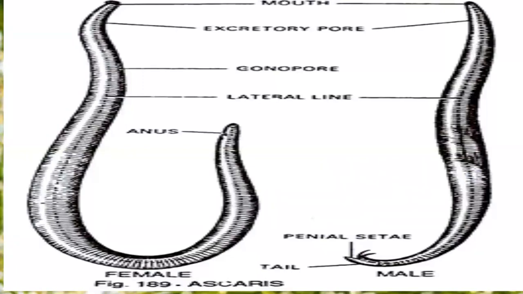So they are found in the small intestine to absorb the food which is now digested and can pass through the membrane, so they can absorb that food easily from their body surface.